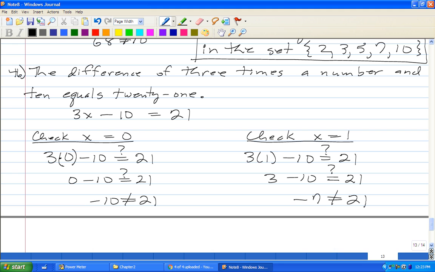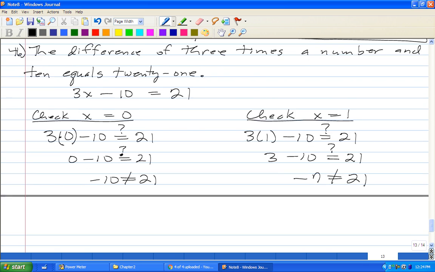By the way, please note that when you're checking if a statement is true, it is necessary to put this question mark above, because if you didn't put the question mark above, you would be writing an incorrect statement. So if I said 0 minus 10 is equal to 21, what you've written is wrong, because as you can see below, it's not. And so it's very necessary to put in the question mark.